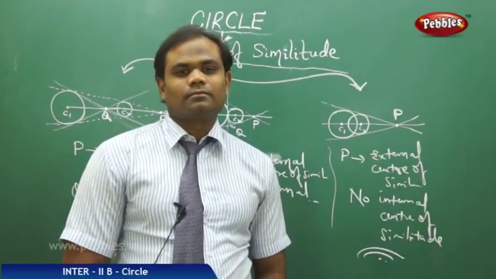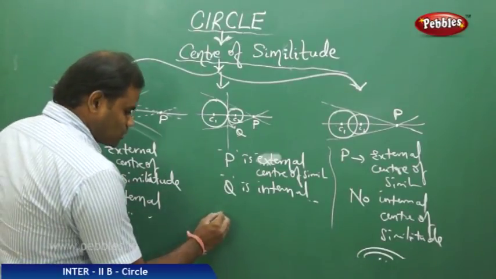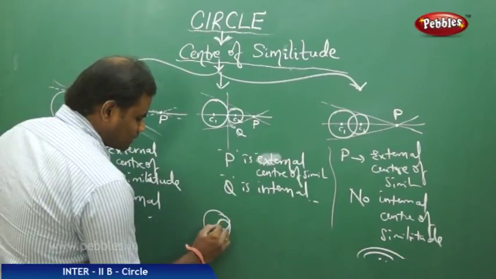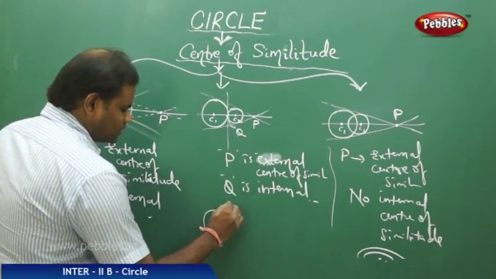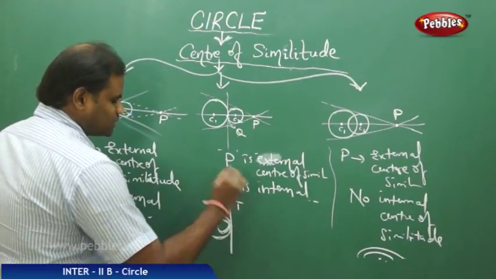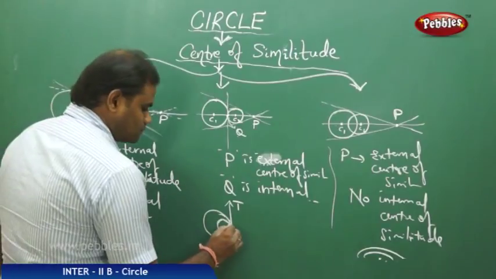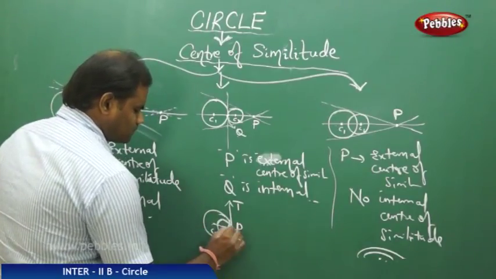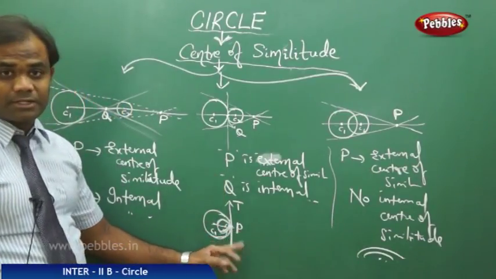And also, as I see the second case, there is one more possibility: that the two circles touch internally. In the case of two circles touching internally, I have the tangent here, which is T, and therefore I have P, which is outside of the centers C1 and C2.